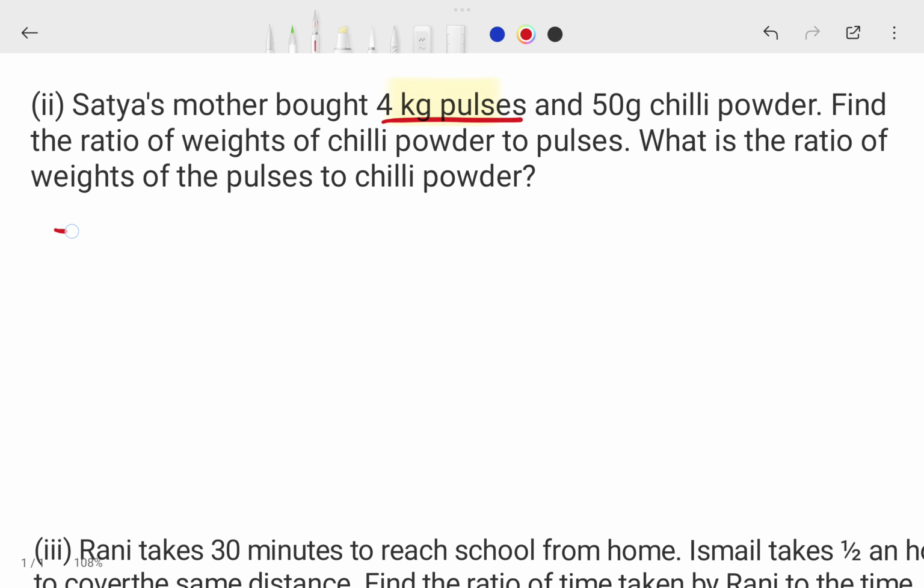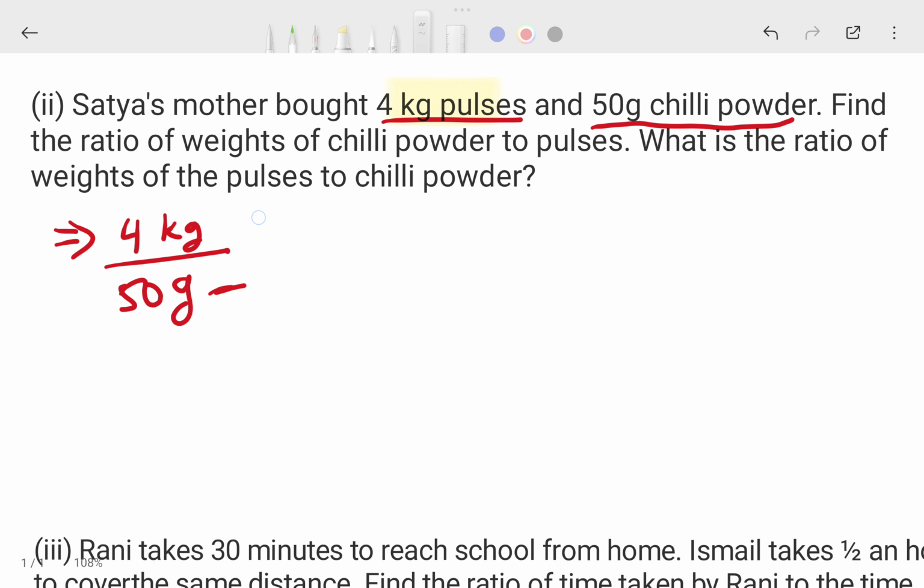First we have to write all these things as fractions. And 50 grams of chili powder. How many grams of chili powder did she buy? She bought 50 grams of chili powder. This is kg, this is gram, both quantities are different.